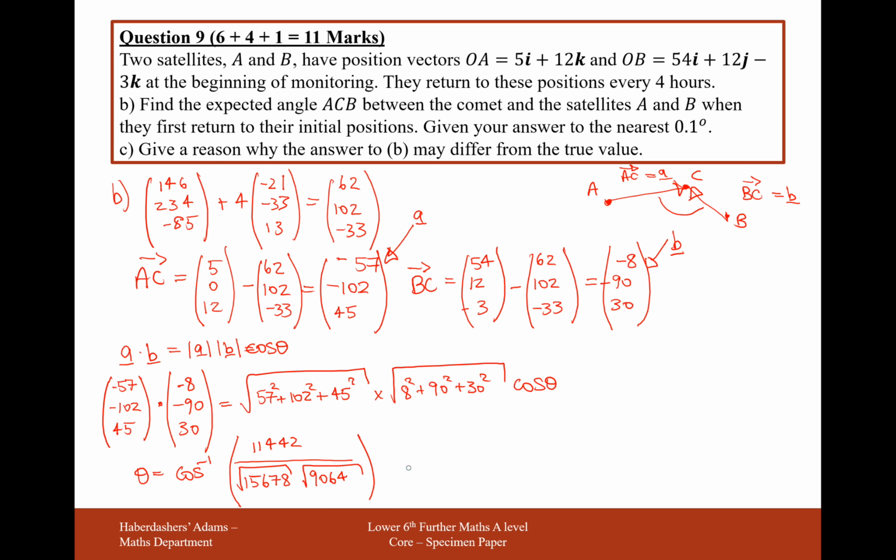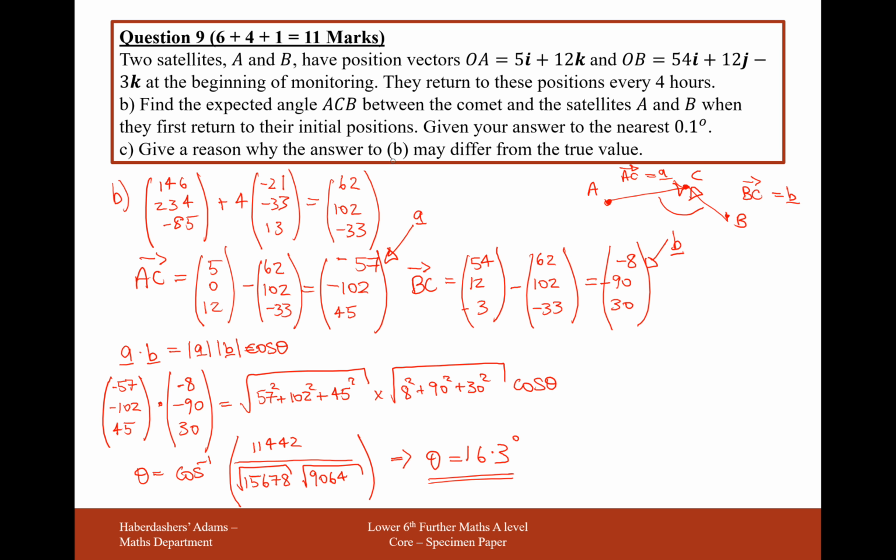We then need to do cos minus 1 of this, and we're going to get theta equals 16.3 to the nearest 0.1. Yep, so 16.3 degrees. Perfect.